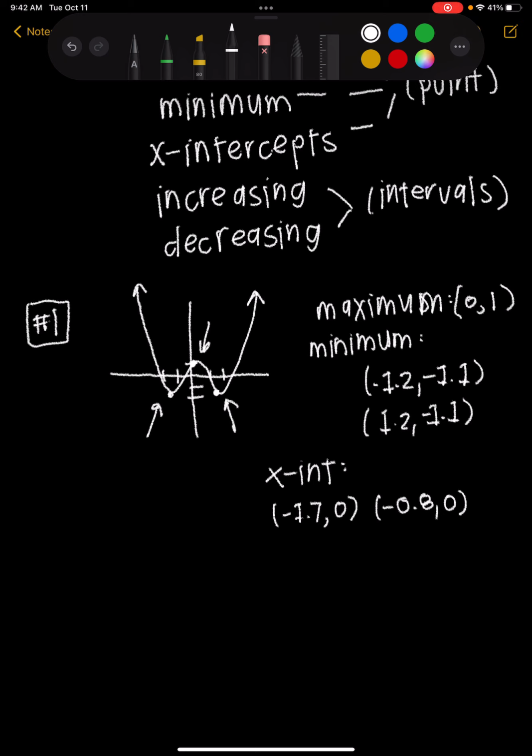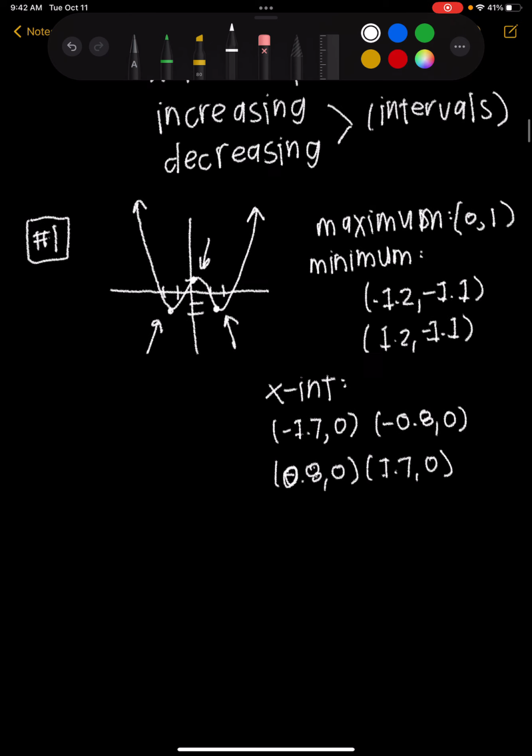Then the next one to the right, because of the way that this is shaped, I'm going to assume that it's just the positive versions of both of these. So 0.8, comma 0, and then positive 1.7, comma 0. So those are all of your x-intercepts, because that's where it crosses the x-axis.